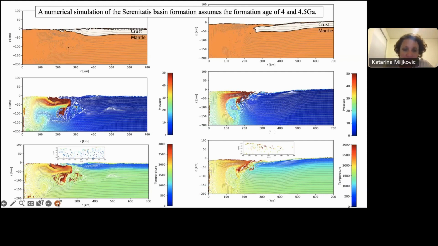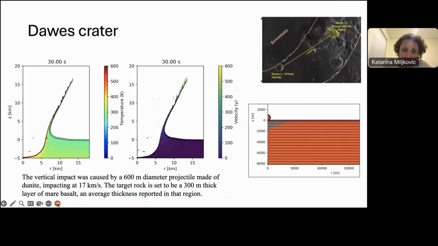And the brief answer is yes. So we can say tick, it is possible that we're getting this sample from this particular depth. It could have come from the upper mantle, and it has been shocked to these particular pressures as observed in the sample. And it was placed in the rim region of Serenitatis.